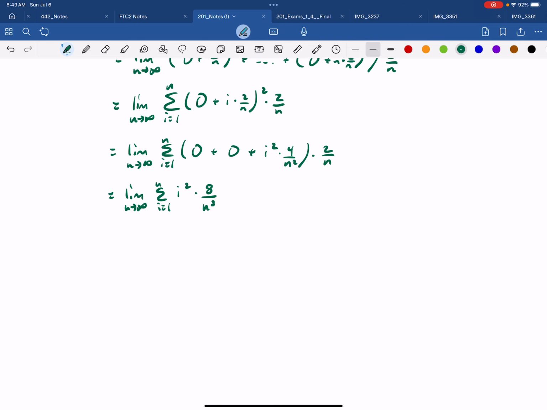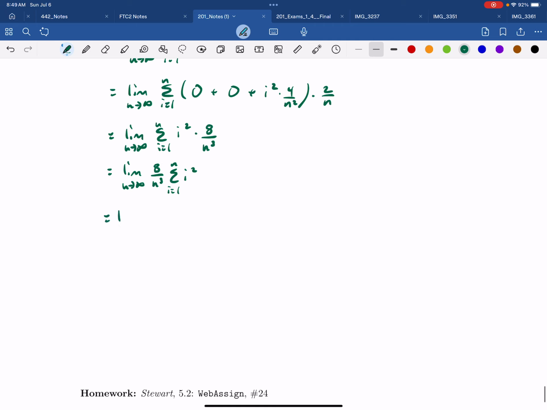Okay? And I guess if we took note, we could note that this is really its own thing, right? That's the only part that depends on i. We could factor out the 8 over n cubed. And at this point, we need an identity. And again, I would give this to you, because there's no way I would expect you to know this or even to memorize it.